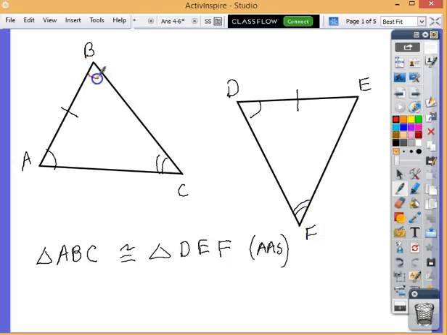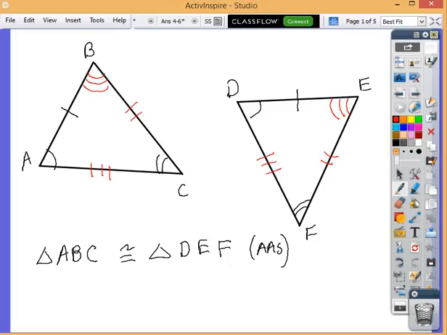Because the two triangles are now congruent triangles, and I did not use this stuff in red to prove the triangles congruent, but I now know it's true based on the aftermath of having congruent triangles. I now know the three pieces of information in red.